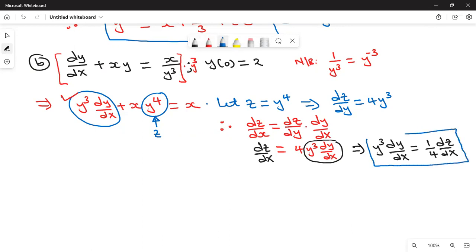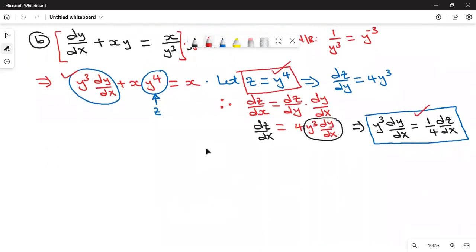Another substitution is this. Those two that are bracketed, those are the substitutions that we need to make to transform our equation to a linear ODE in the dependent variable z. So this one will now be 1 over 4 dz dx, then plus x times z is equal to x.